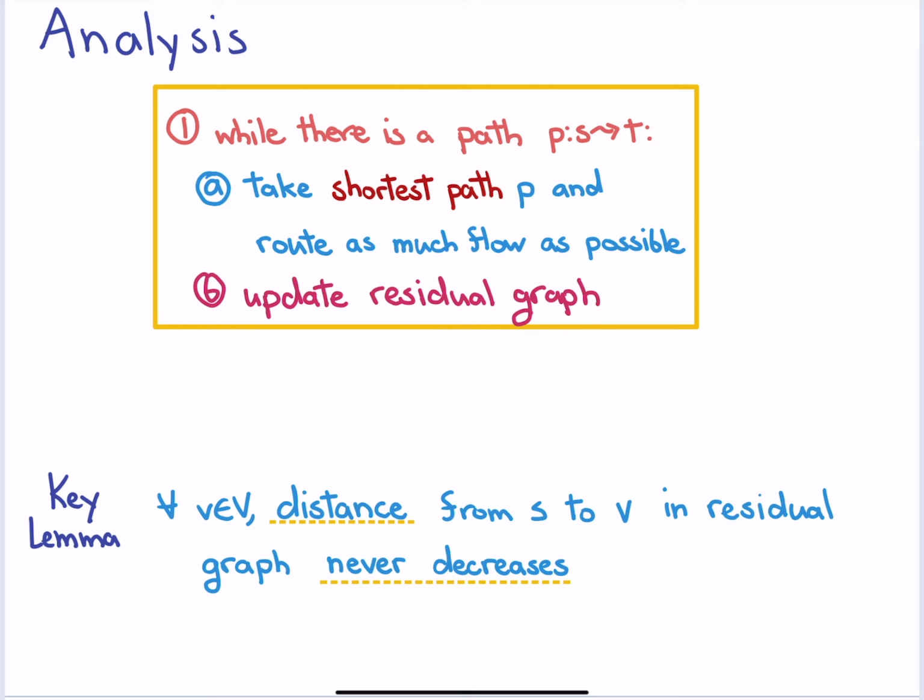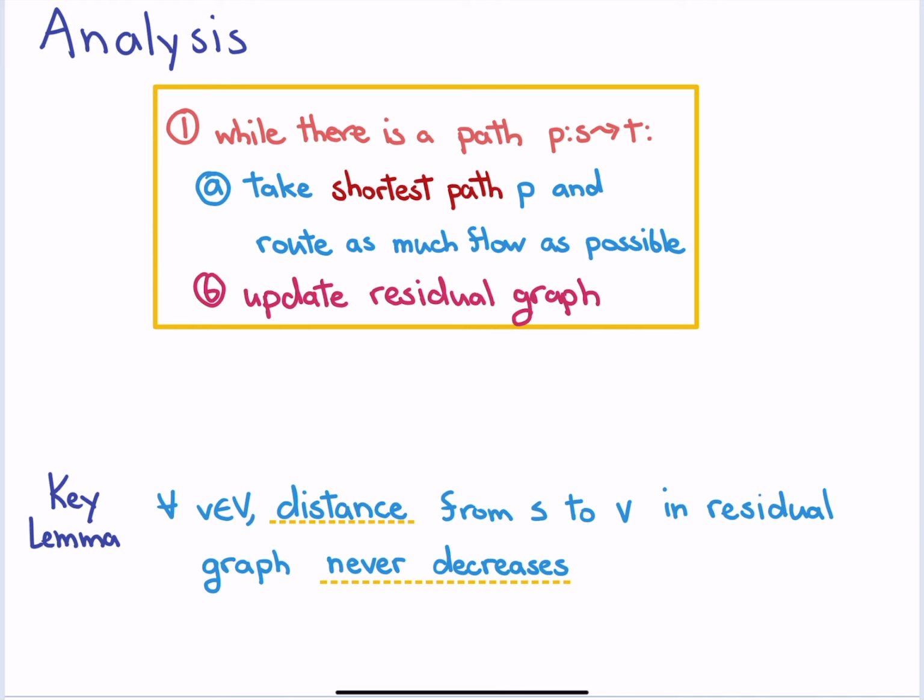So how many hops away from S it is may change. The key lemma is that that distance, how many hops from S to V for any vertex V, never goes down. It might stay at 5 for a while and then go up to 6 and 7 and 8. It never goes down. And that's really where it matters that we choose the shortest path.